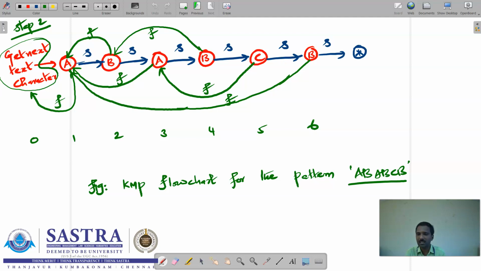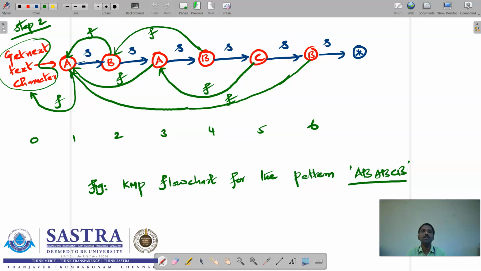So once this KMP flowchart has been constructed, we can easily scan the pattern in any given text. Whatever the text value, the KMP flowchart for the pattern is constructed only once.